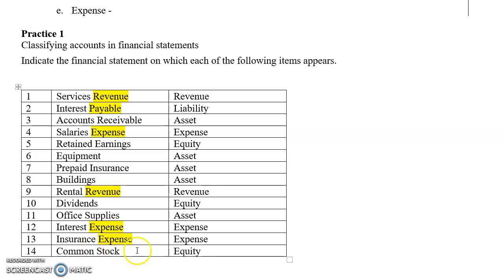Common stock is equity. So let's review equity. I'm going to put it in a different color because I think it's helpful to really look at equity. All right, so we have 3 equity accounts here. Retained earnings, just pretend that's like a savings account for a company. They deposit revenue, their profits, and if they have a loss that year, they pull it out like a withdrawal out of a savings account.